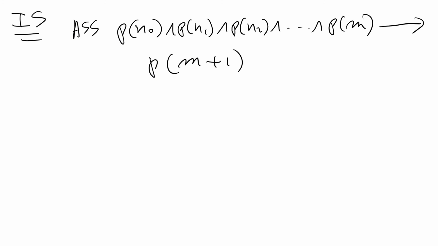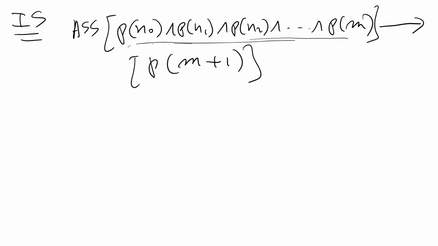So we assume all this to be true, and we want to show this is true. Because all these statements are true, I can focus on the last one, because all the statements behind are true, because m is greater than everything behind that. So that's going to work.